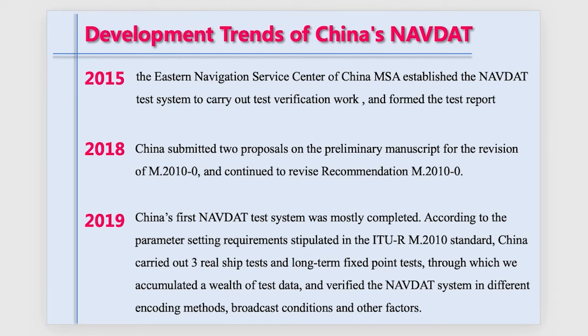In 2018, China submitted 2 proposals on the preliminary manuscript for the revision of M.2010-0. In 2019, China's first NAVDAT test system was mostly completed, and China carried out 3 real ship tests and long-term fixed point tests.